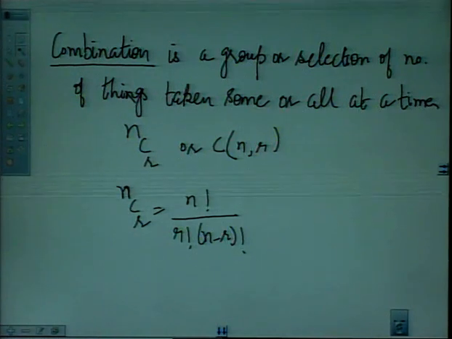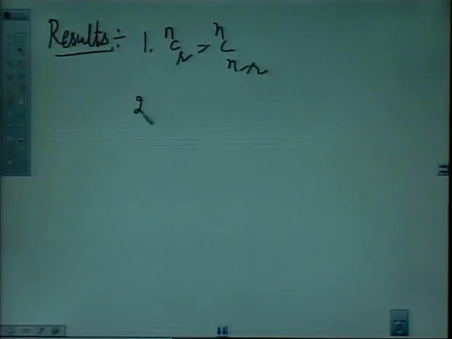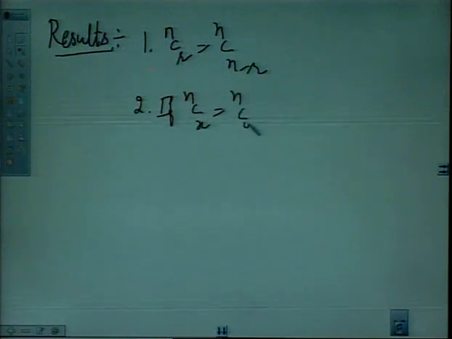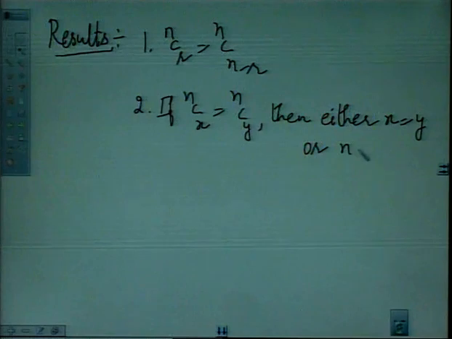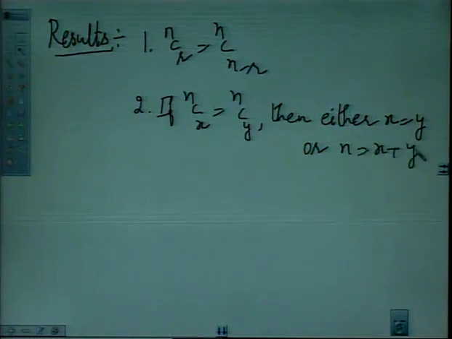And then we have some results. Write down the results. First result: nCr is equal to nC(n minus r). Second result: if nCx is equal to nCy, then either x is equal to y or n is equal to x plus y.